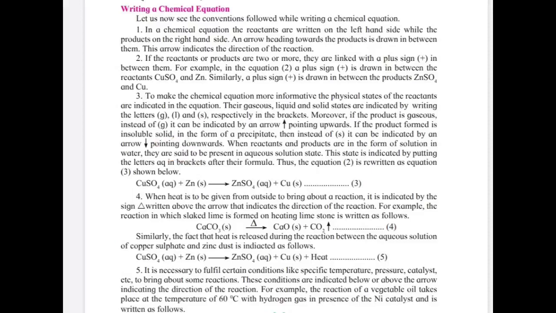When reactants and products are in the form of a solution in water, they are said to be in aqueous solution state, which can be indicated by putting small aq in brackets after the formula. For example, CuSO4 aqueous plus Zn solid giving you ZnSO4 aqueous plus Cu solid.